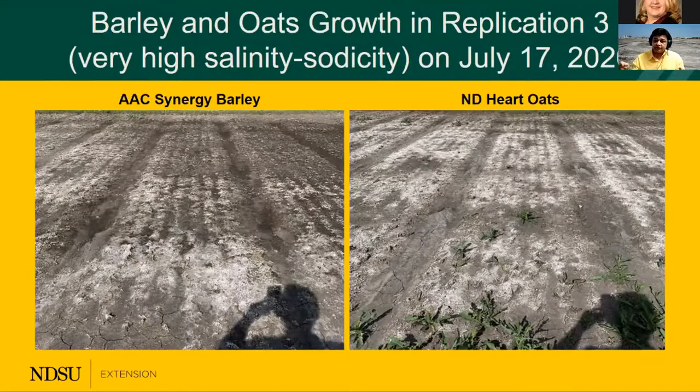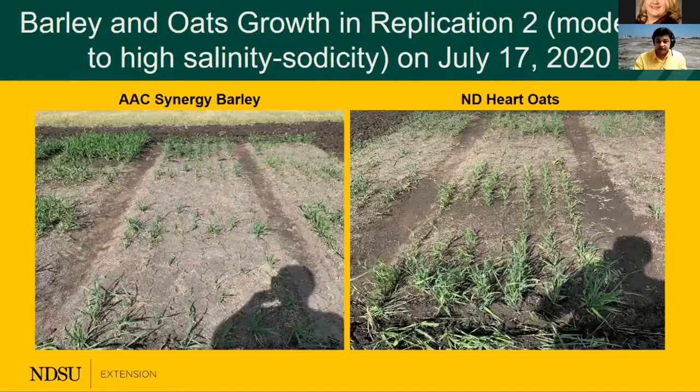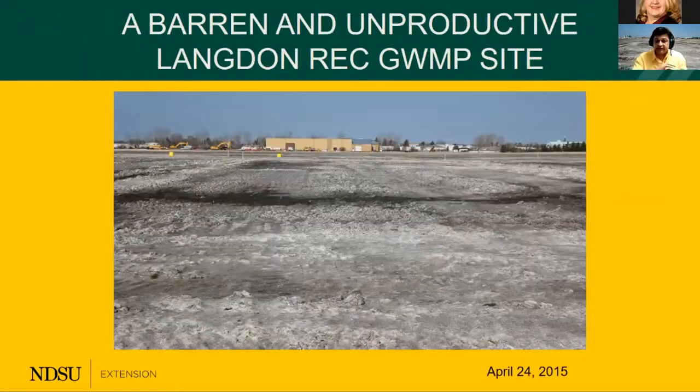ND Heart, actually, there was a little bit of germination in all oats plots, way later though, compared to other treatments, but ND Heart yielded 5 bushels per acre, which is very low, but on these kind of spots, something is better than nothing. So what should we do when we have these kind of spots? Very high. We cannot plant anything annual.